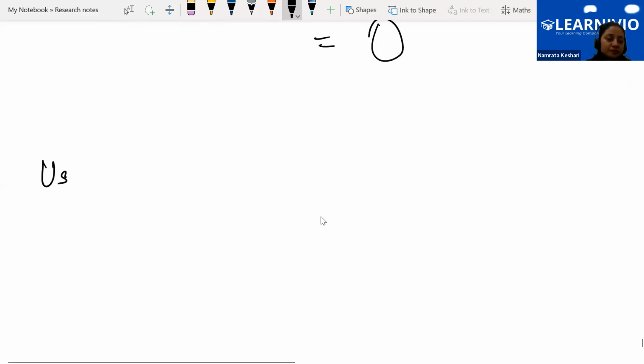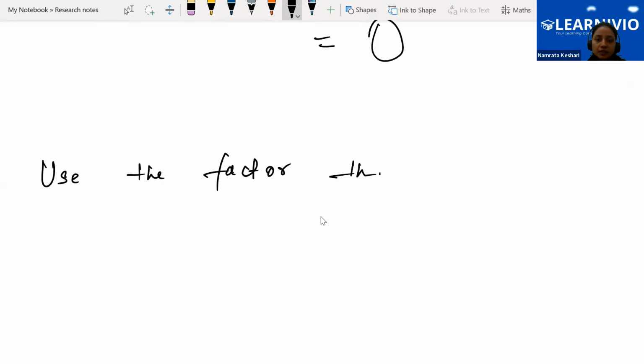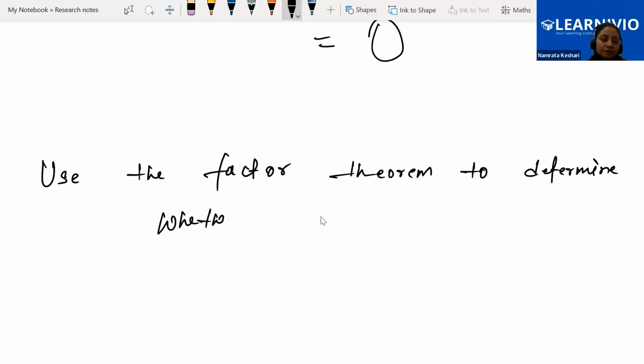Okay, now the next question will be like this. Use the factor theorem to determine whether g(x) is a factor of p(x).